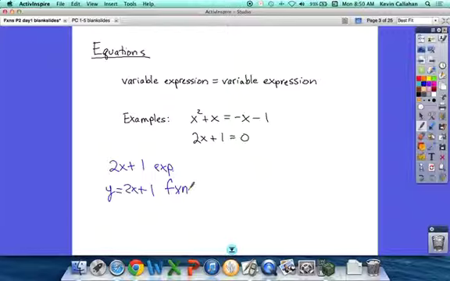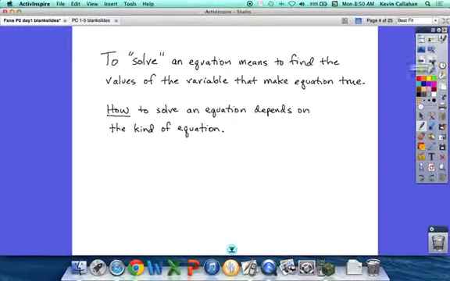To solve it means find the values of the variable that make the equation true. Find the values that make the left equal the right.